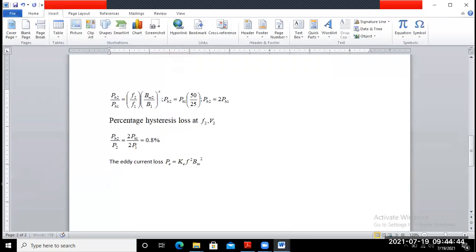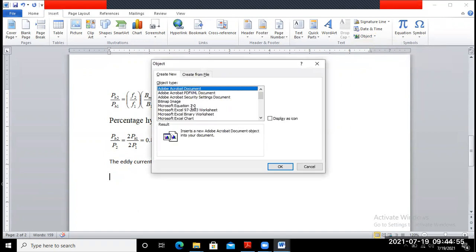So we can write the relation of Pe2 divided by Pe1 equal to F2 square B maximum square divided by F1 square B maximum square.